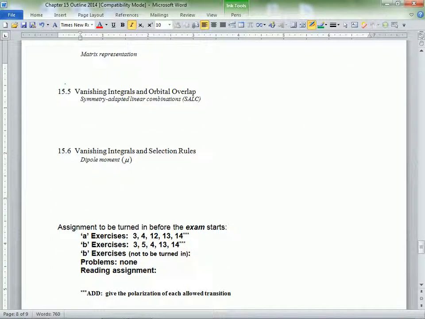And I want to look at tetrahedral. Again, they're kind of jumping ahead a little bit. But for example, can you say an integral is 0? We're going to be able to look at these character tables and predict whether integrals are 0 or not.